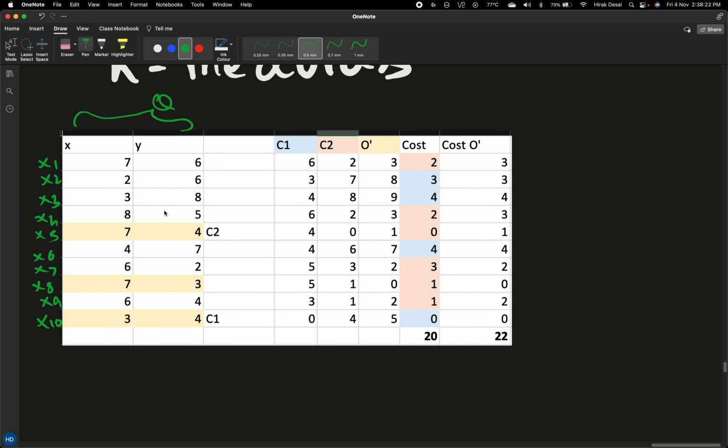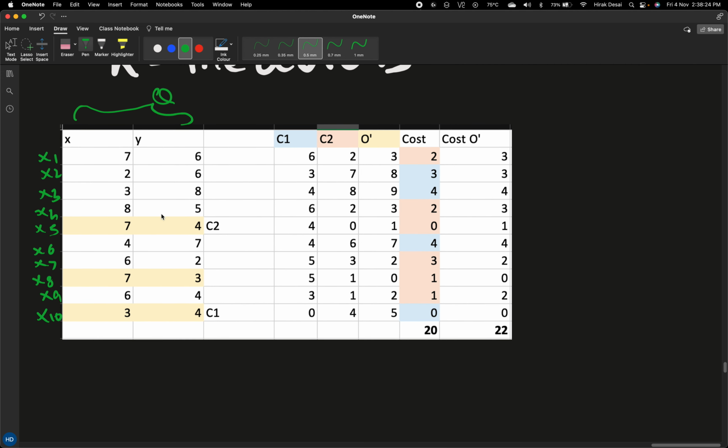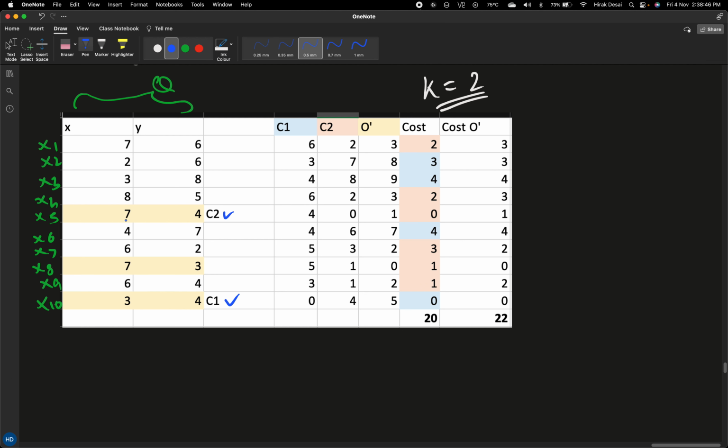The question also mentions that we have to take k as 2. Once k is 2, we assume two centroids. Our assumed centroids are c1 and c2, so our c1 is 3, 4 and our c2 is 7, 4.